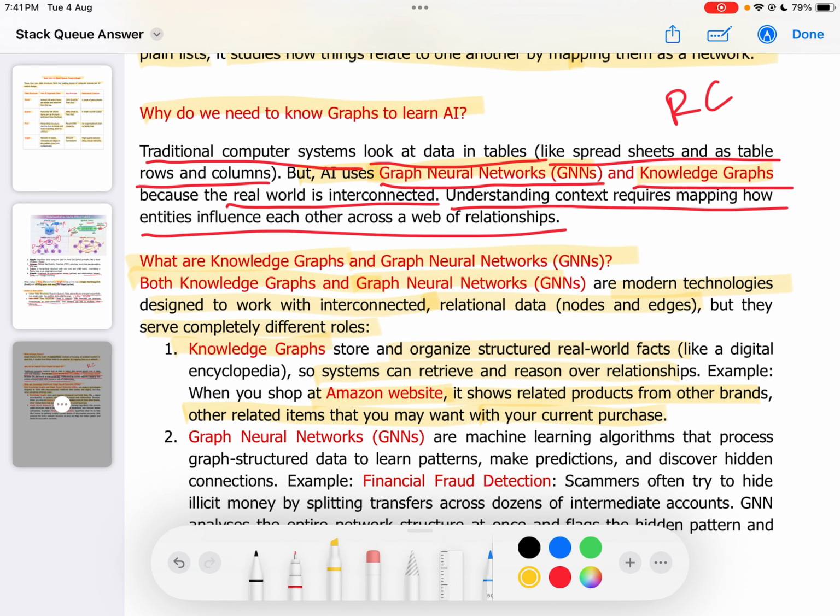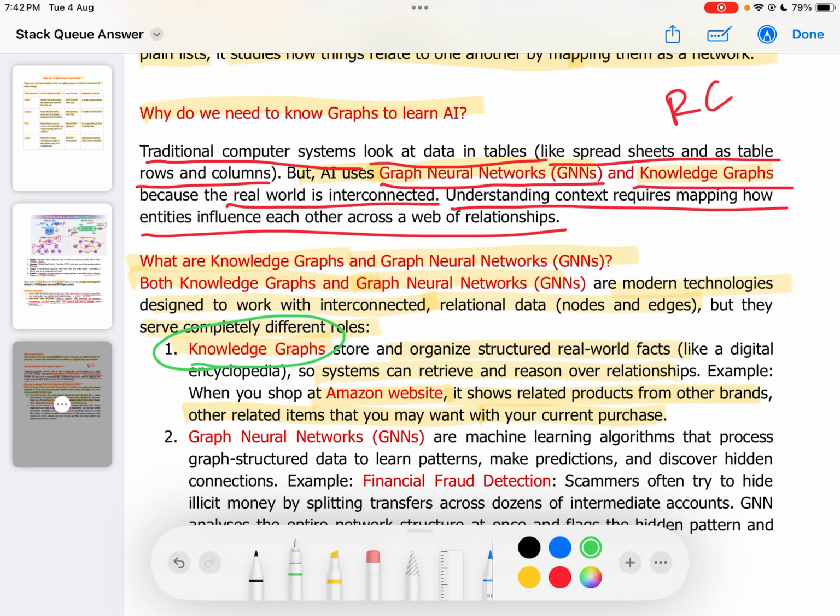How is it possible? Because mobile phones, chargers, glass, and mobile covers are all interrelated. That's the key. They are all related, and all of this is represented by a knowledge graph.